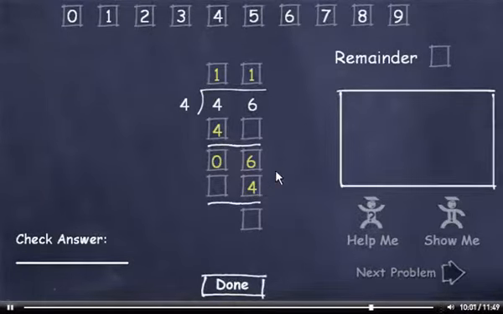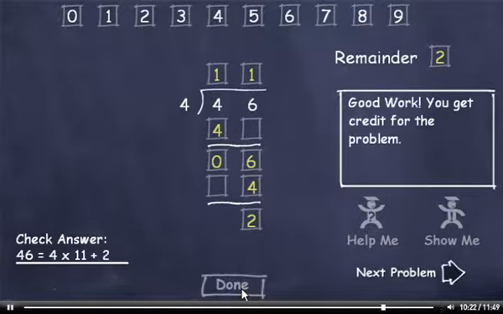Six minus 4 is 2. 2 goes in the remainder box. The answer is 11 remainder 2. Now I'll click the Done button and move on to the next problem.